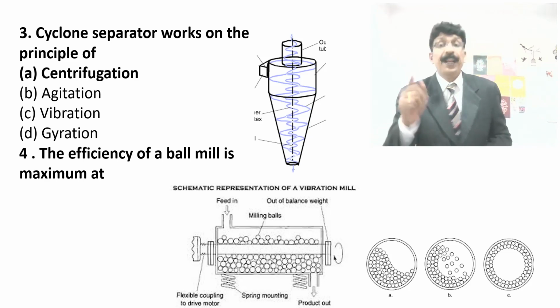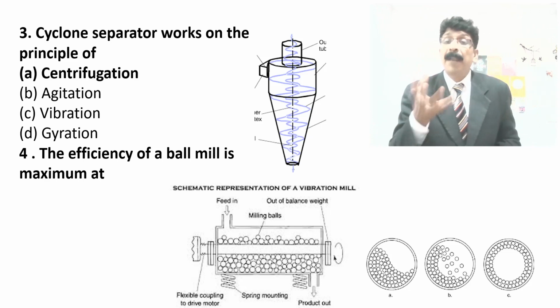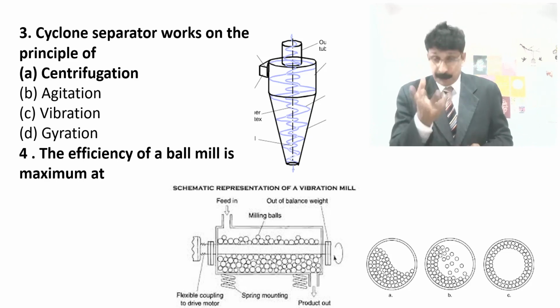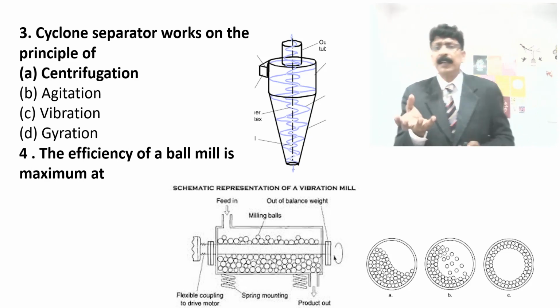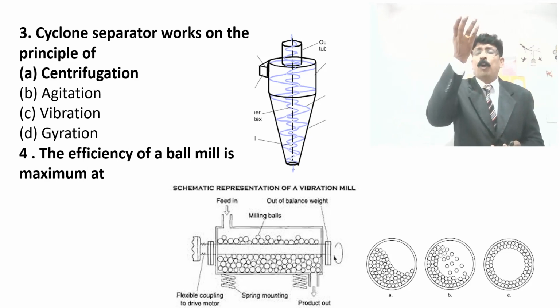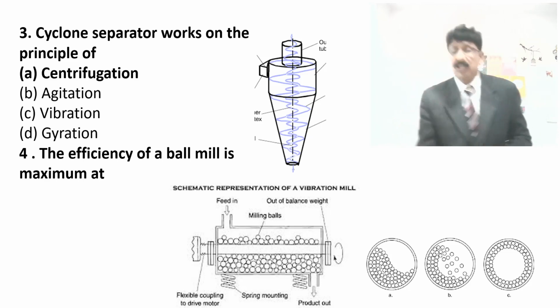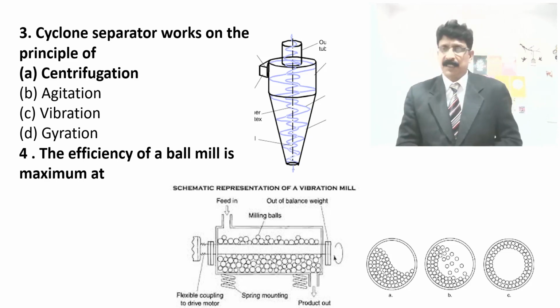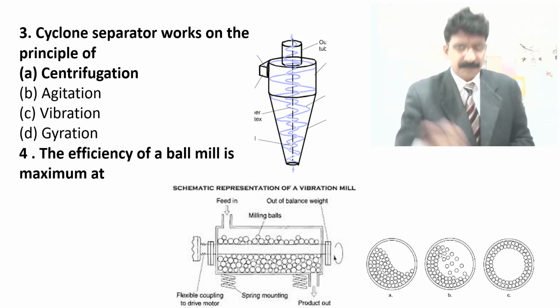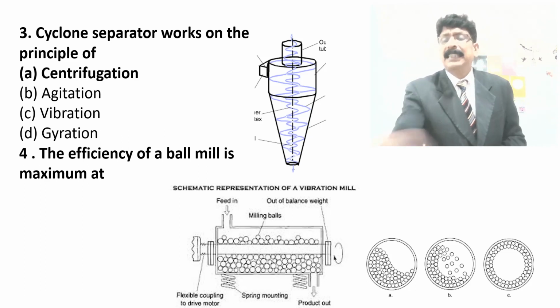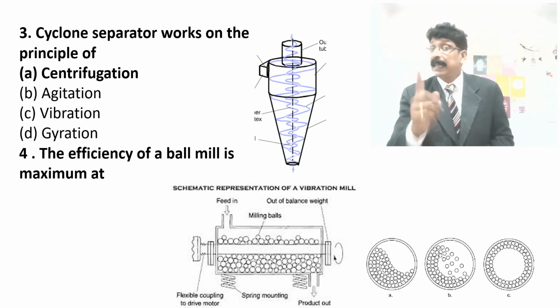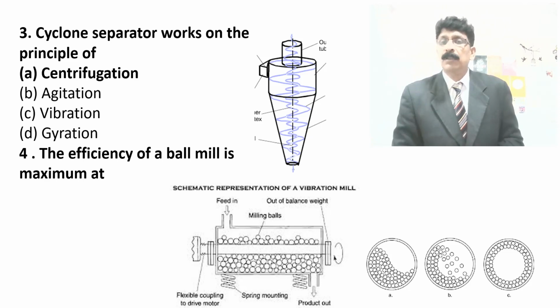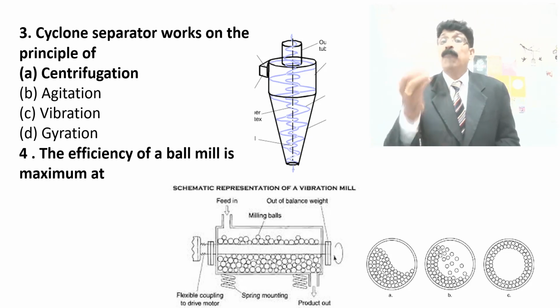So we need a medium speed, 2/3 speed, where the balls will be carried to the top of the cylinder, fall on the object, and the size reduction will take place. That's called cascading. You can see A, B, C in the picture. B is the correct one, where the speed is medium. 2/3 speed will help for proper size reduction.